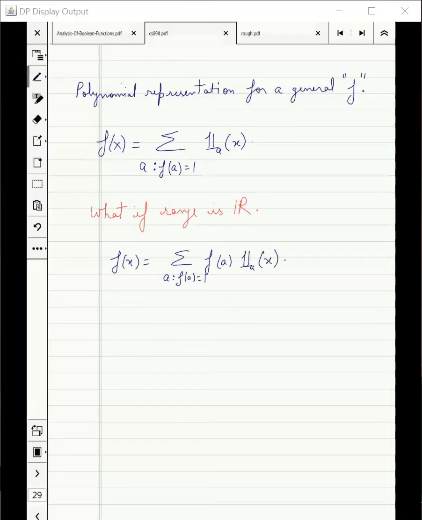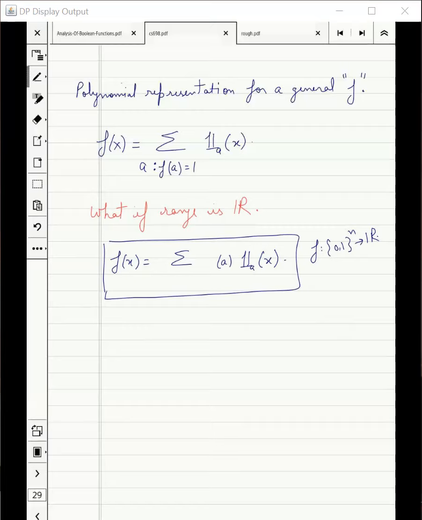Makes sense? Everyone agrees that this is a Boolean polynomial representation of a function of this kind. Because if I take any particular a, only one of the terms will fire. Why are we writing f(a) again? Under the summation, f(a) is already 1. Oh, sorry.